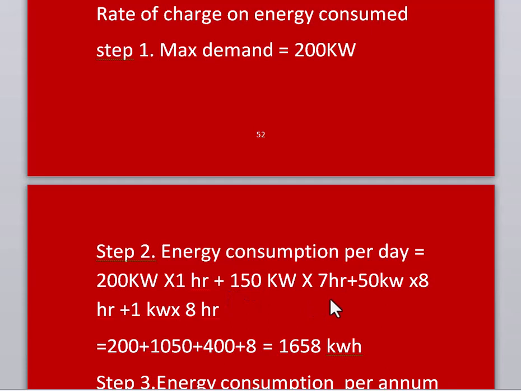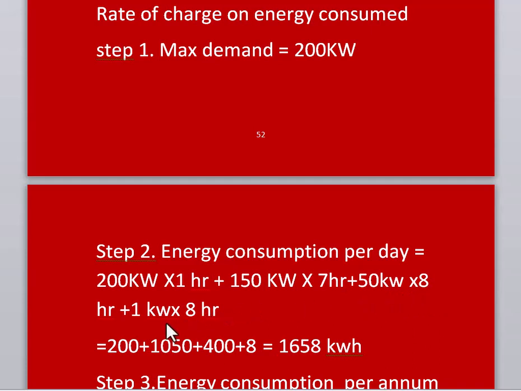Similarly, in the next 7 hours, the power consumed is 150 kilowatts, so multiplied with 7 hours will give the energy consumed in the next 7 hours. Next, in the next 8 hours, the industry is consuming 50 kilowatts power. So 50 kilowatts into 8 hours will give the energy consumed in that period.